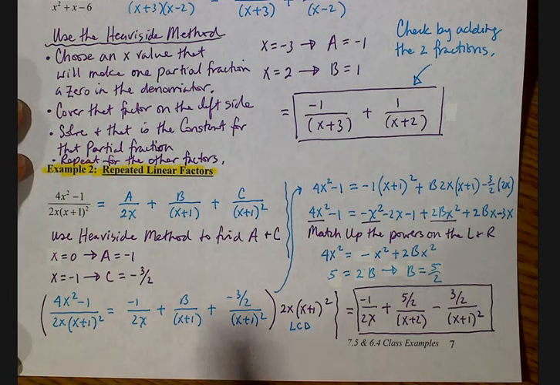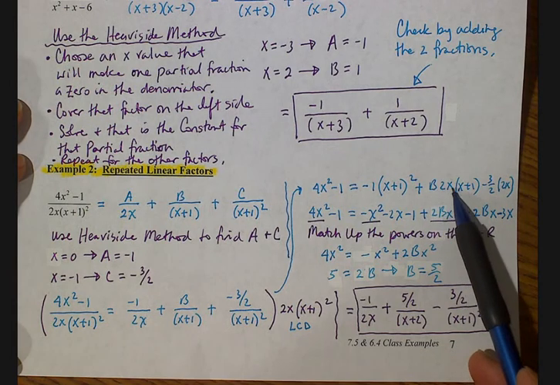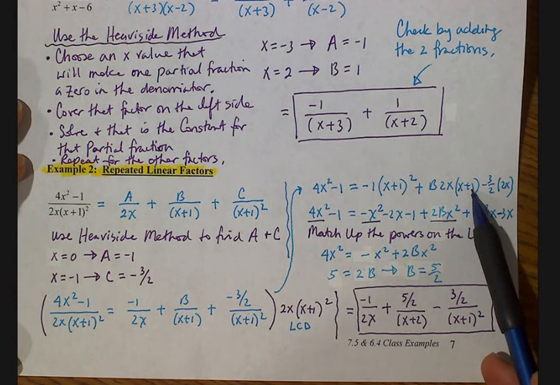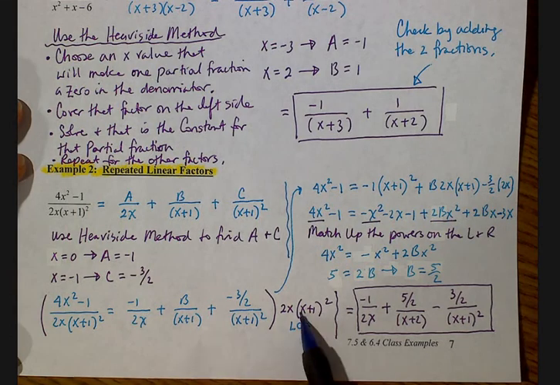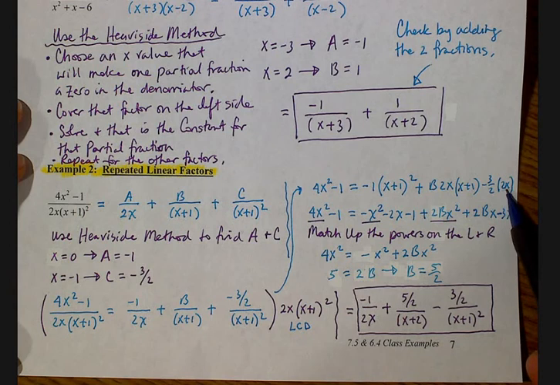And then I multiply this by the b over x plus 1, so that gives me b times 2x times x plus 1. And then for my last term, multiply this times this, and the x plus 1 squared will just cancel out, so that leaves me with negative 3 halves times 2x.